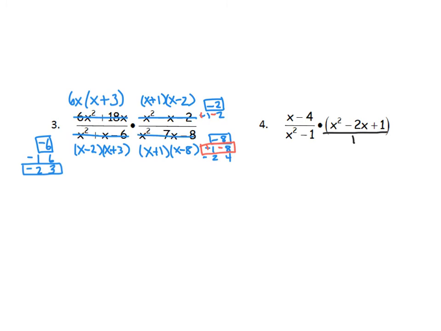Everything is factored, and now we can start making 1 or canceling. x plus 3 with an x plus 3, an x minus 2 with an x minus 2, an x plus 1 with an x plus 1.